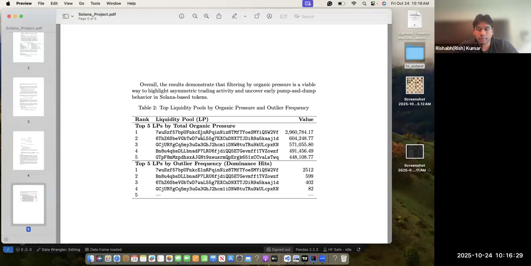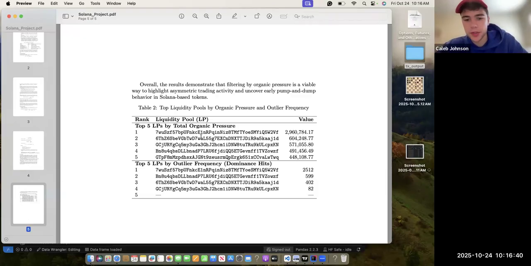I forget which token it was, but the first liquidity pool that we saw had by far the maximum number of transactions. Right, I think there were 47,000 total transactions, and this one had 44,000 of those. So I think both of our methods get better with how many transactions there are in the liquidity pool, which makes a ton of sense.